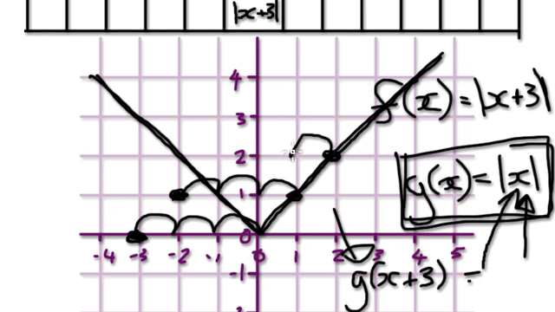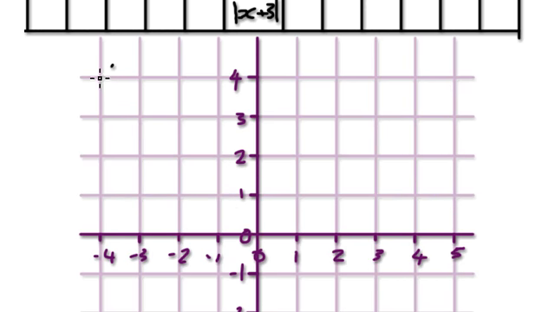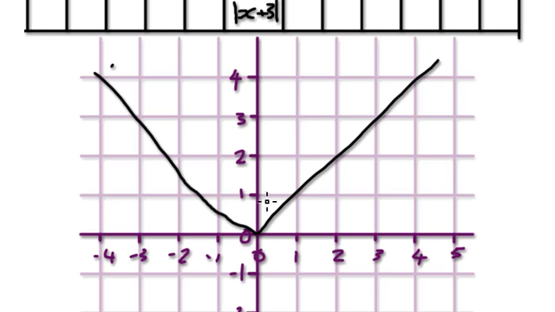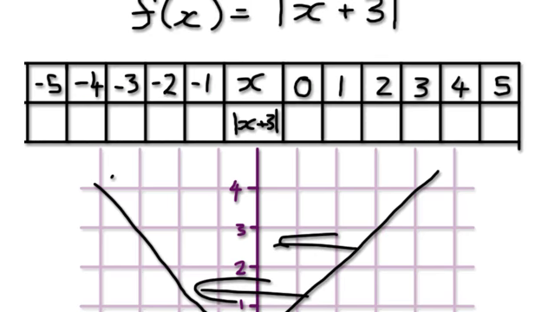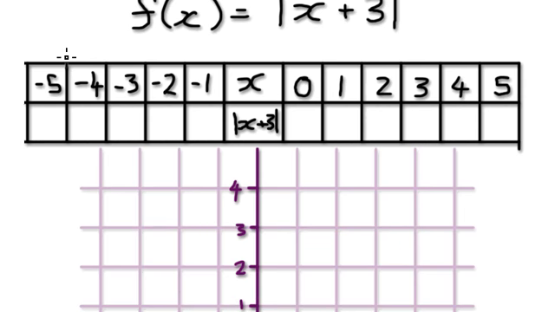This point here, 1, 2, 3, it will be here. And this point here, 1, 2, 3, it will be here. So from your knowledge of transformation, you should start with this, and then shift everything across. It's much easier than filling in this whole table here. Use your knowledge of transformation. Okay.